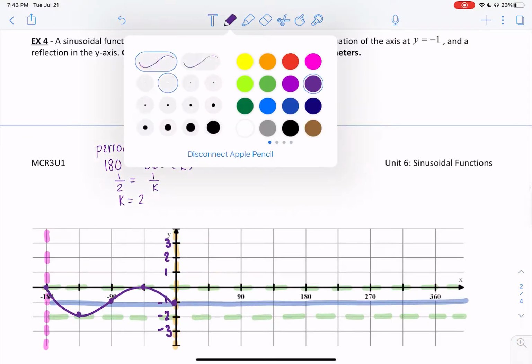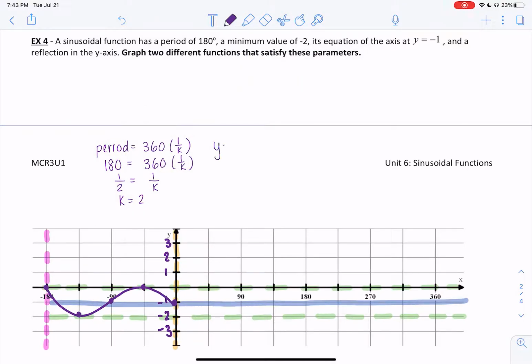And that one would have an equation of y equals our a value is 1 because we have an amplitude of 1. Then we have sine. Our k value is 2. We don't have a d value, -1. That's our first option. Oh, I forgot my negative because of our reflection in the y-axis.